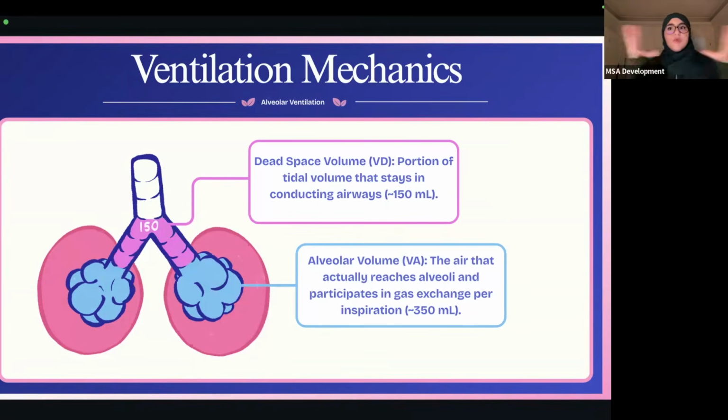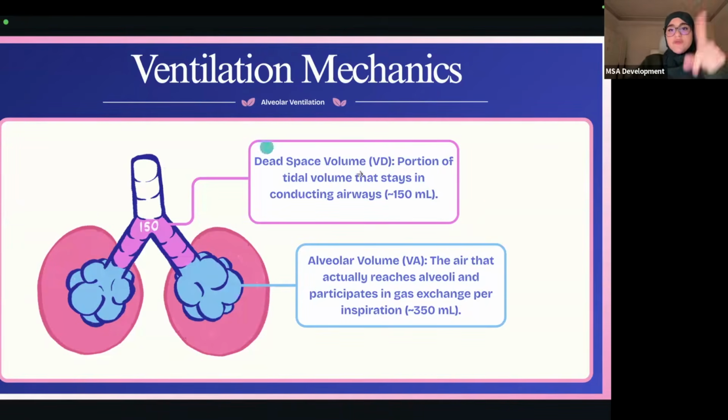It's still in the bronchus section. And this is called dead space volume, and it's made up of 150 milliliters.